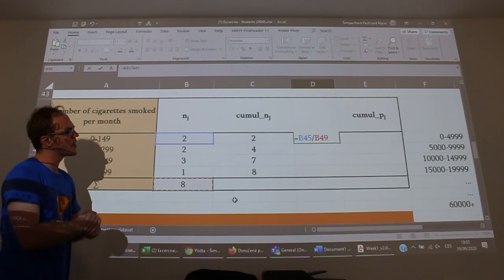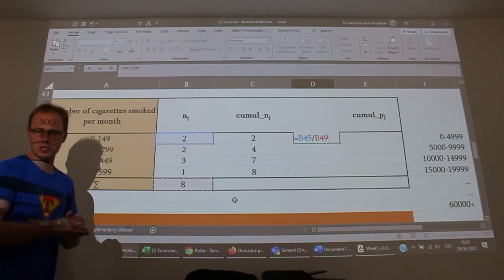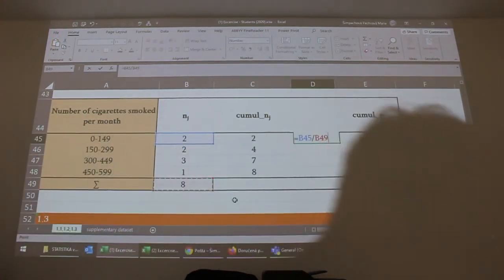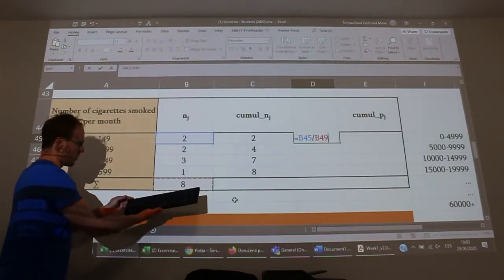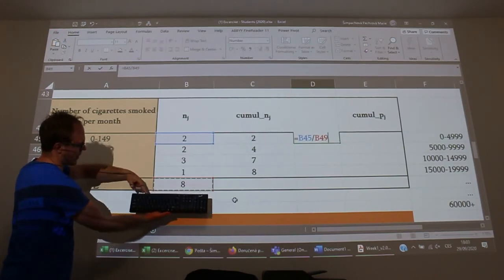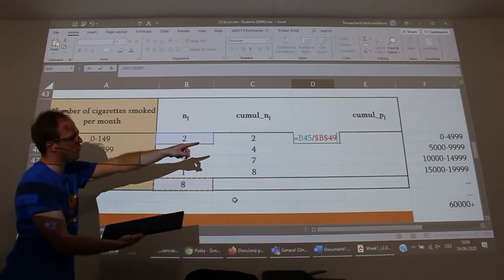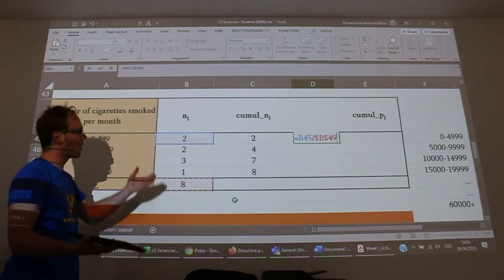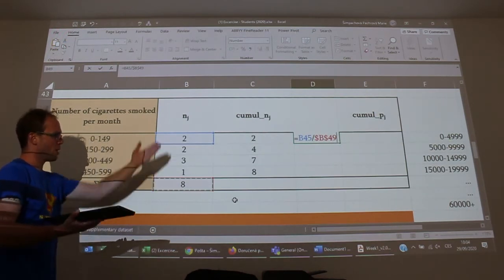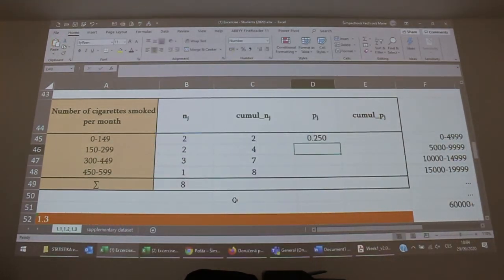Denominator 8 is still the same, so you can lock the cell. Use the function 4 button, the F4 button on your keyboard. If you press F4, you can see dollar signs. So we lock the cell and we can copy formulas. Click enter, 0.25.